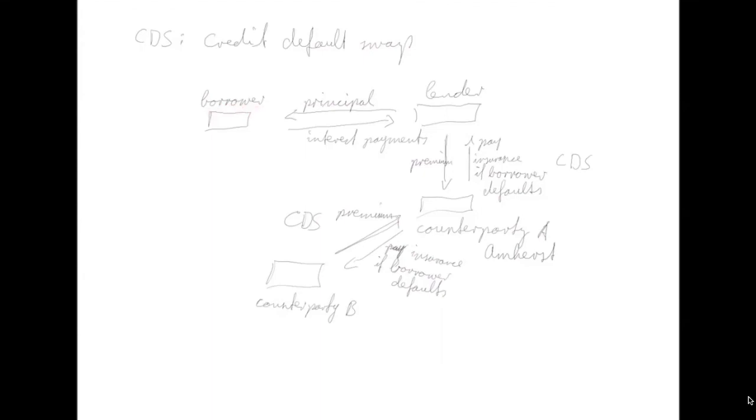So basically everyone agreed that with almost 100% probability that borrower over here is going to default. They're not going to be able to make interest payments anymore, and they're not going to be able to return the principal to the original lender. And therefore, the premium in the CDS contract was really high. The premium was something like 80 to 90 cents out of $1 insurance.